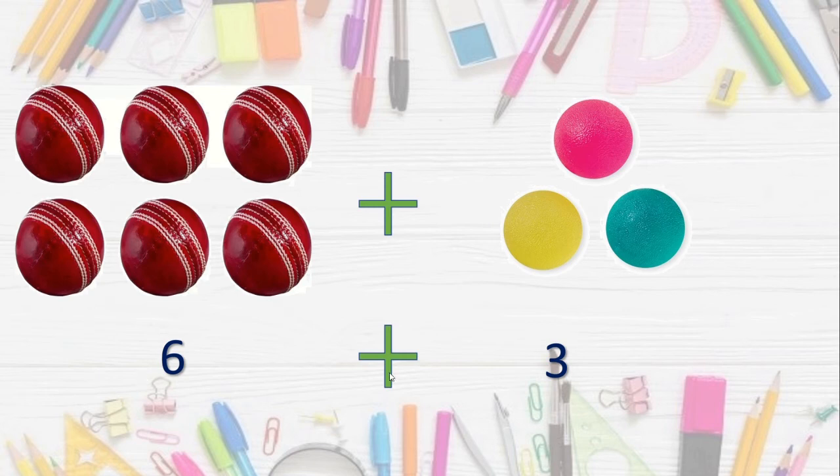So 6 plus 3, that is nothing but 9. Right? Here also you can see, 6 are there plus 7, 8, 9. Together make 9 balls. Here also we got the same answer. When we change the order of the numbers, then also we got the same answer. Isn't it a funny thing?